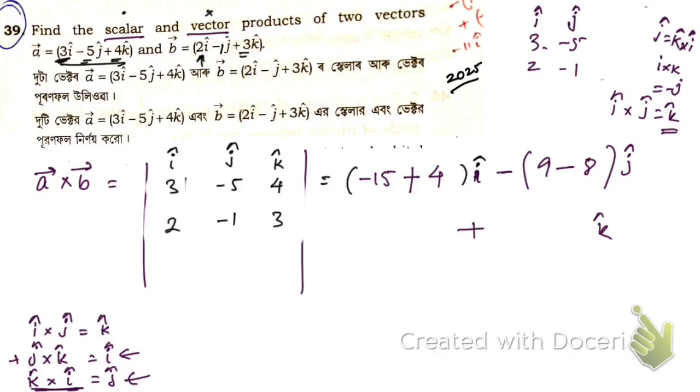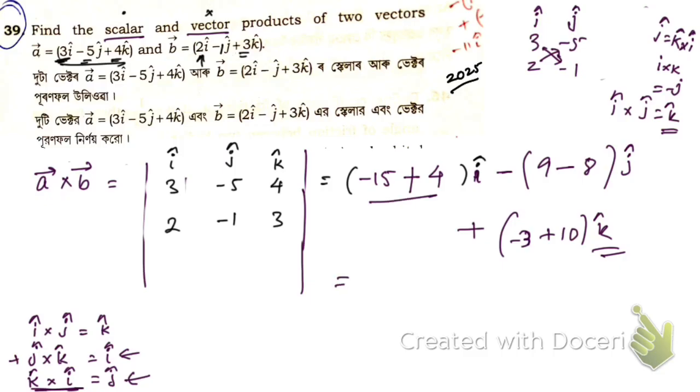So when you are writing here K cap, ignore the numbers below K cap. So now here 3 into minus 1, that's minus 3, and 2 into minus 5, that is minus 10, but we need to subtract these two, so it's going to be minus minus, plus 10 here. This was minus 3.